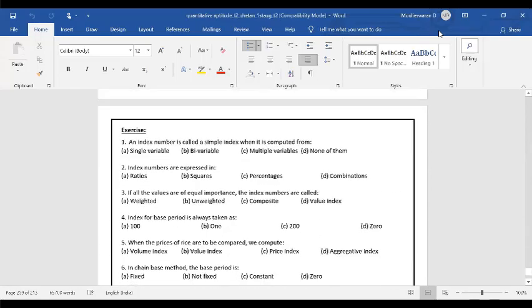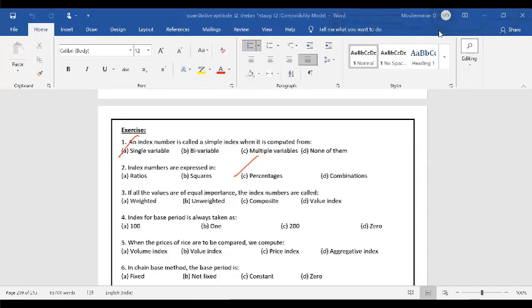First question: an index number is called a simple index when it is computed from a single variable. Index numbers are expressed in percentage.